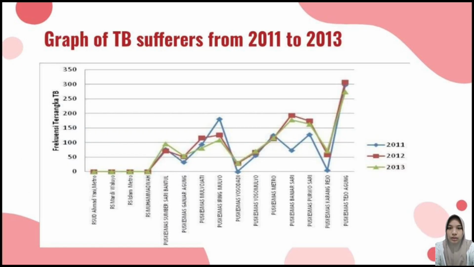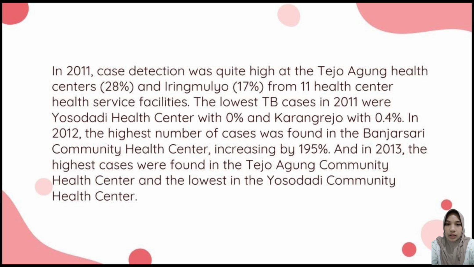Here we can see the TB graph for the years 2011 to 2013. In 2011, case detection was quite high: the Tejo Agung Health Center 28% and Ireng Mulyo 17%, out of 11 health center service facilities.